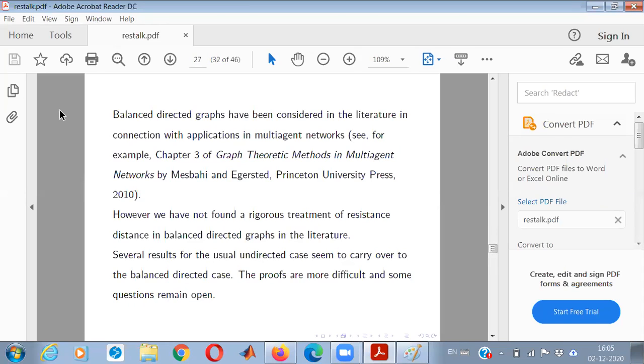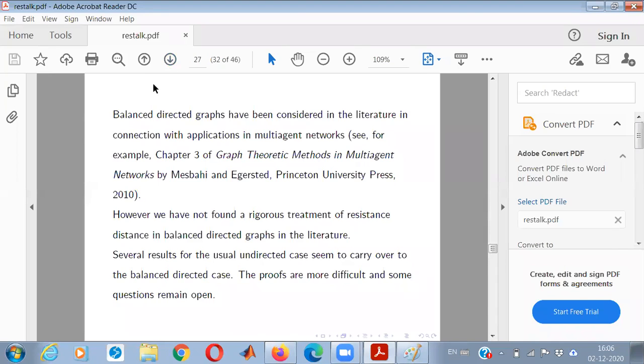Occasionally, we found some definition, but it was not in application areas, and it was not very rigorous, and there was no systematic development. So I think this is a new kind of definition. And our interest was to carry over results for the undirected case to the directed case. But there are many stumbling blocks, as I will explain, but the results seem to be true by computation. So the proofs, I think, require some new ideas.